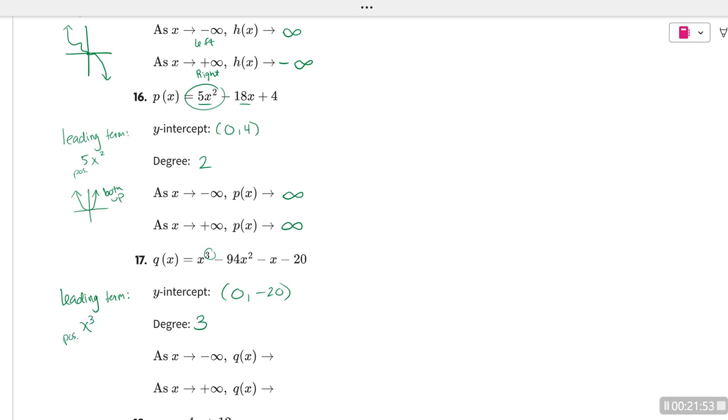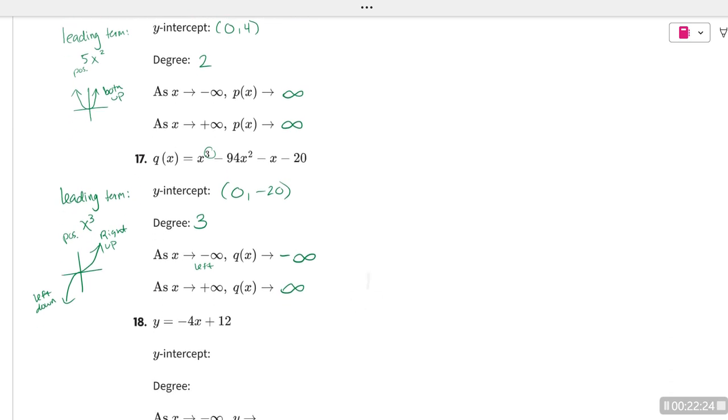So it has a positive leading coefficient, which means it's going to look something like this. It won't be that exactly, but it looks something like this. So as x goes towards the right, we're up, and as x goes towards the left, we're down. So as x goes towards negative infinity, that's our left side. I'll write left. We're going downward, so negative infinity. As x goes towards positive infinity, q of x goes towards positive infinity.